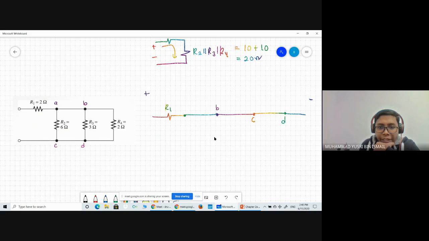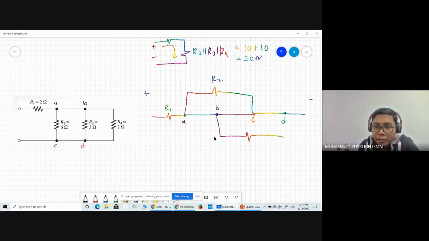This is A, B, C, D. So there is one element of resistance in between A and C. So this is R2. Then in between B and D.